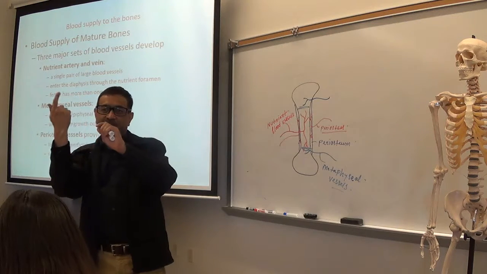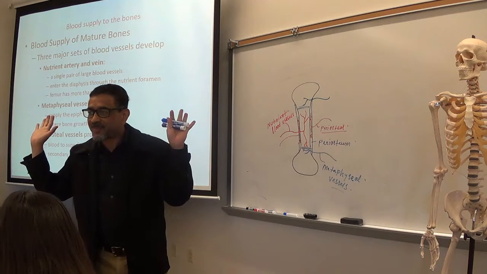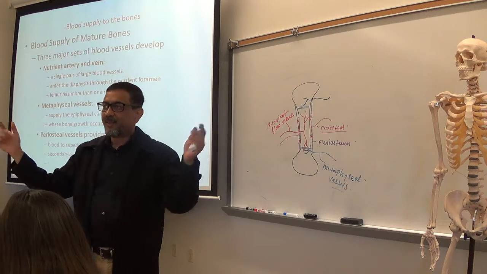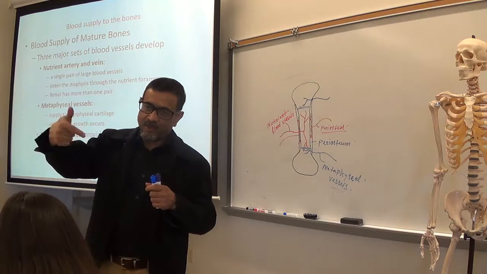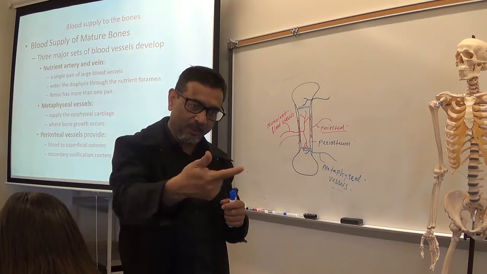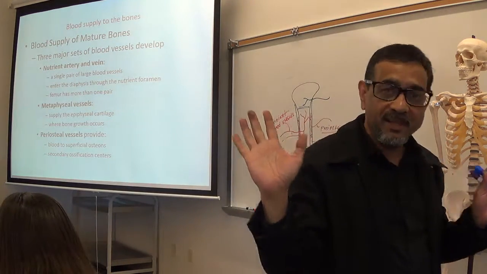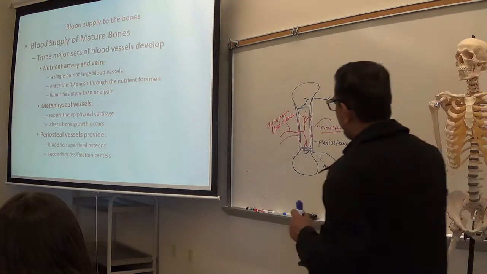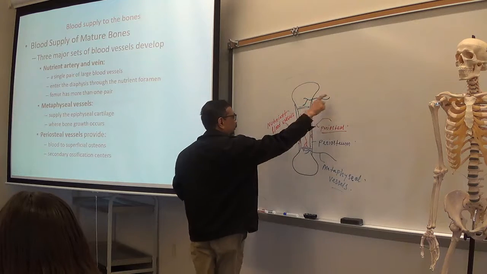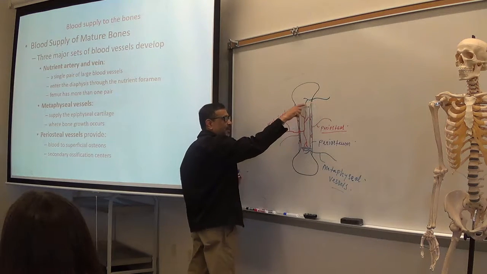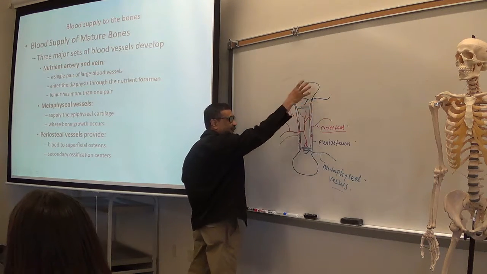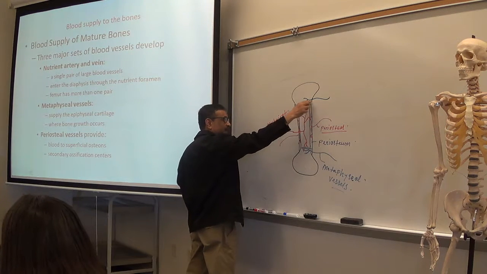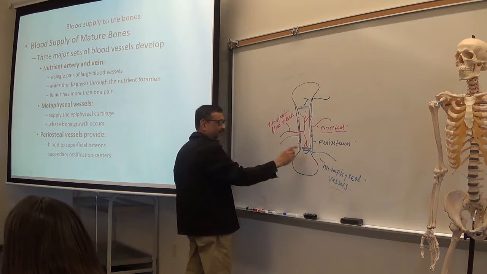Periosteum gets blood supply from periosteal blood vessels. Very simple, right? Its name is periosteal blood vessel. And through the middle of the shaft, the one enters into the medullary cavity, that is called the nutrient blood vessels. Clear? And through the epiphyseal plate area, that means between the shaft and the end, through that area, metaphyseal blood vessels enter.